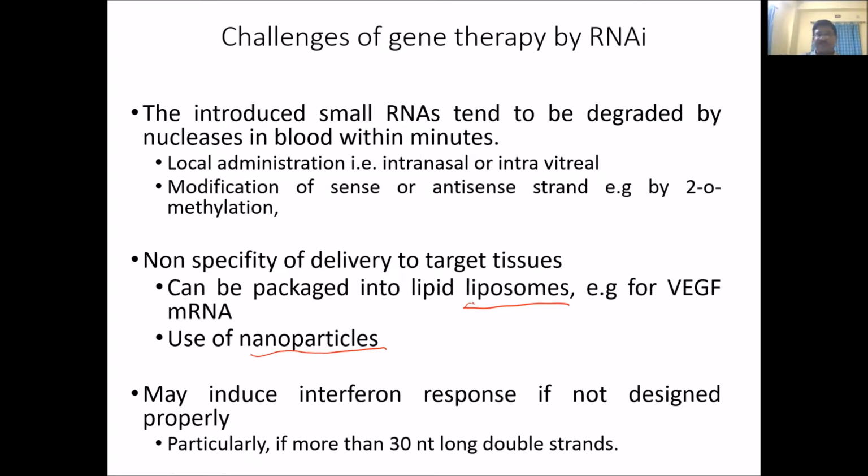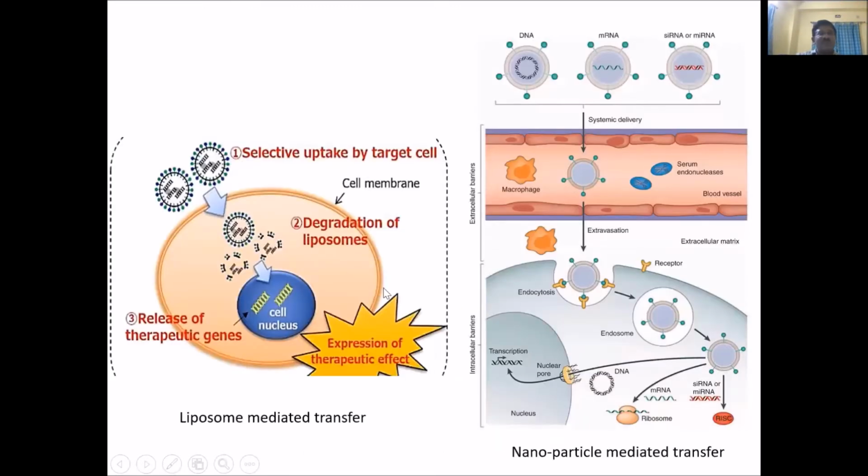But if by accident you design them in such a way that they become more than 30 nucleotides long in double strands, that means when you introduce them for the first time as double strands, and if that double strand is more than 30 nucleotides long, they can induce a severe gamma interferon response and immunological assault. So you have to keep them limited within 30 nucleotides.